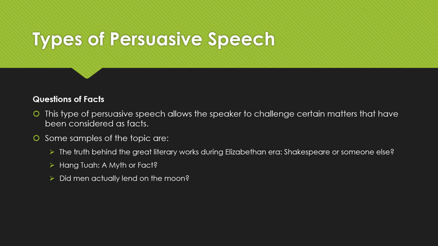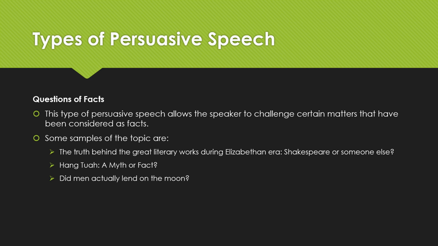Actually, it was the work of somebody else, and apparently, according to them, it was the work of Queen Elizabeth I. But because she was the queen, she didn't want the people to know that she was the one behind all those great literary works. She decided to come up with a name in order to camouflage her involvement in literary writings. So she came out with the figure, with the name of William Shakespeare.